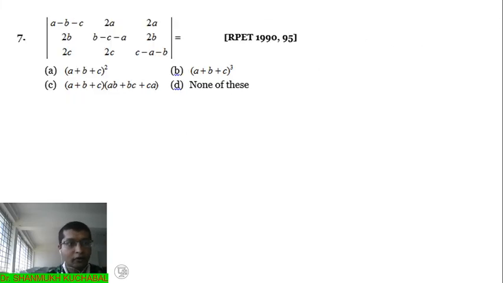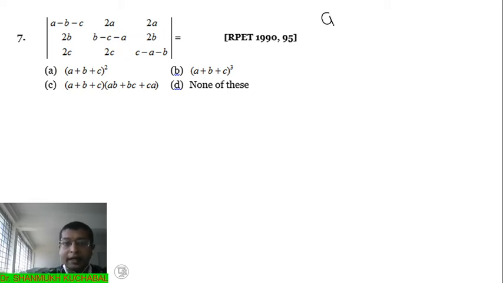So we'll move to the next example. This is the determinant A minus B minus C, 2A, 2A, like that. We have these elements. Then the value of this determinant we have to calculate. So once again I take numerical values. I told you, if you take numerical values, so that 2 rows or 2 columns are not identical, and no row or column is equal to 0, then it works.